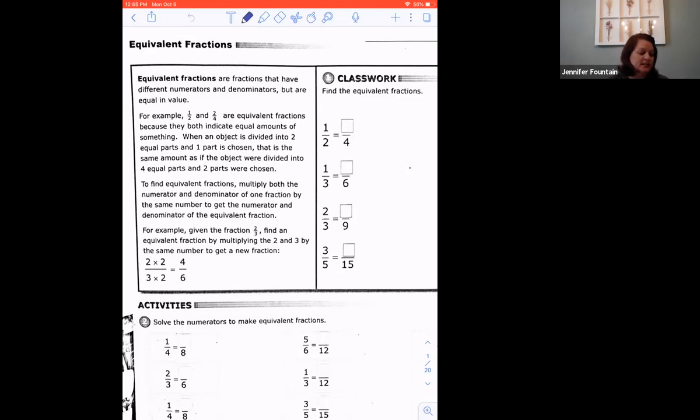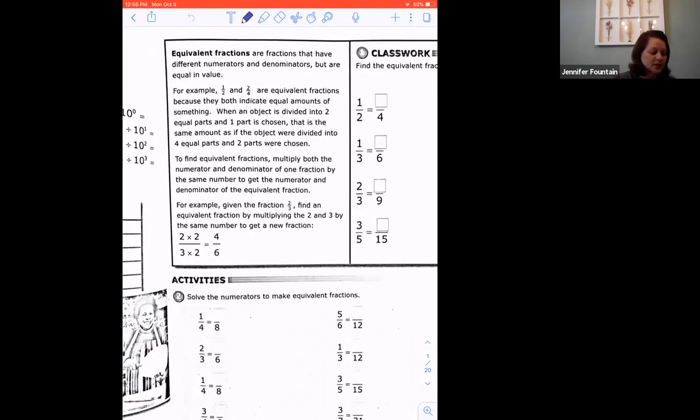When an object is divided into 2 equal parts and 1 part is chosen, that is the same amount as if the object were divided into 4 equal parts and 2 parts were chosen. To find equivalent fractions, multiply both the numerator and denominator of one fraction by the same number to get the numerator and denominator of the equivalent fraction. For example, given the fraction 2/3, find an equivalent fraction by multiplying the 2 and the 3 by the same number to get a new fraction term.